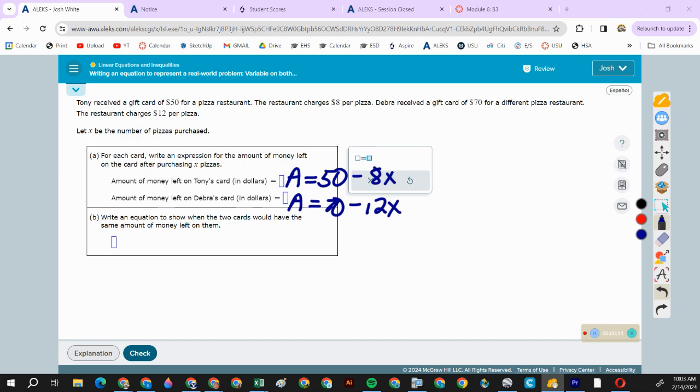So you just want to know when these two amounts are the same. So 50 minus 8x is equal to 70 minus 12x. And if you were to solve that, you would figure out how many pizzas it's going to take for those cards to have the same amount of money.